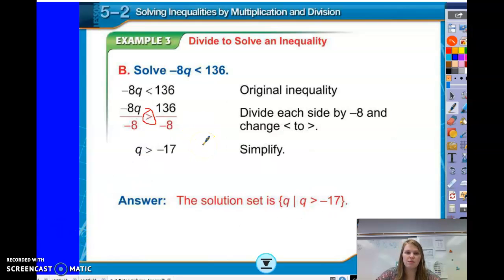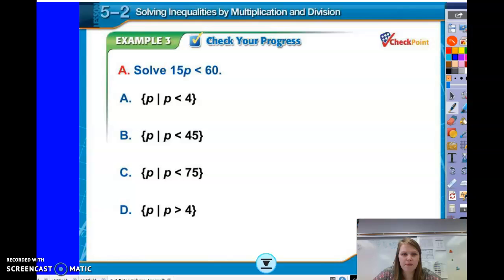If you're dividing by a negative, we do the same funny thing where we switch the symbol. If you divide by negative 8 on one side, you flip the symbol since you had a negative. So pretty much if you are multiplying or dividing by a negative, you flip the symbol.